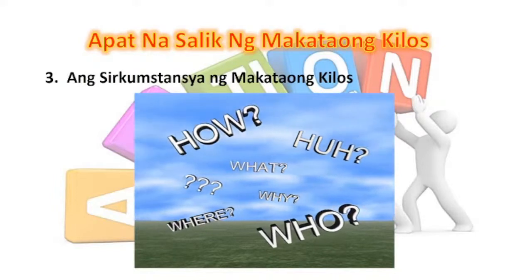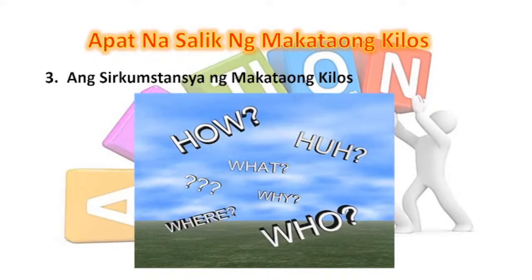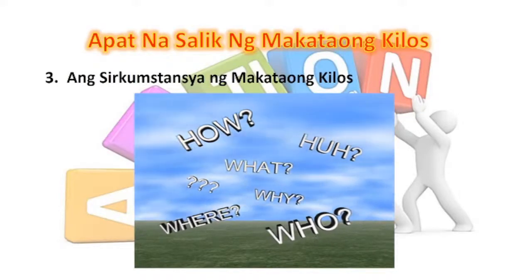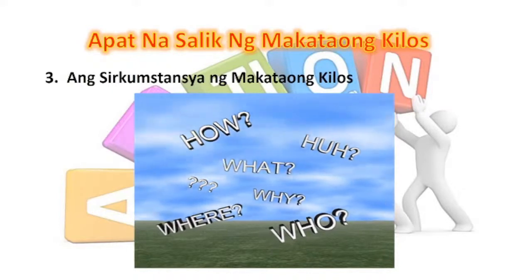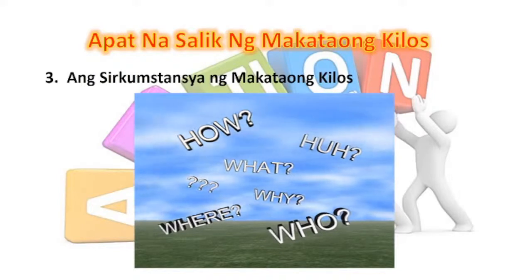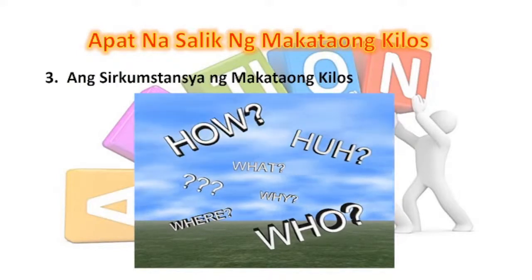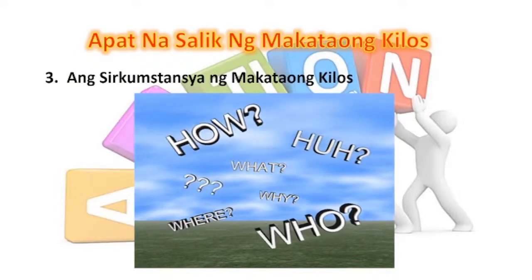Pangatlo, saan? Ito ang tumutukoy sa lugar kung saan ginagawa ang kilos. Pang-apat, paano? Ito ay tumutukoy sa paraan kung paano isinasagawa ang kilos. At panghuli ay kailan. Ito ay tumutukoy kung kailan isasagawa ang kilos.